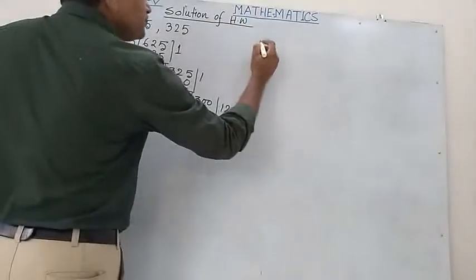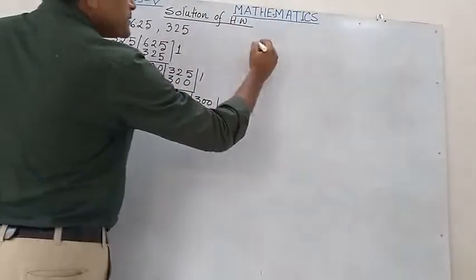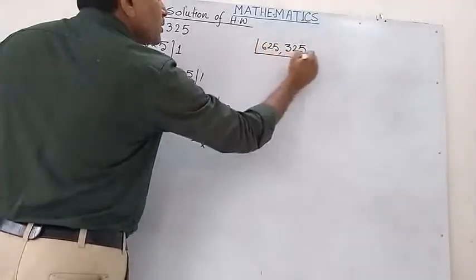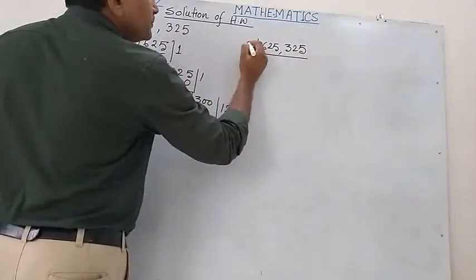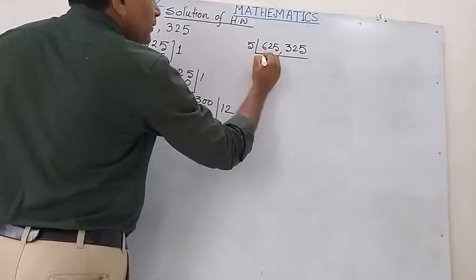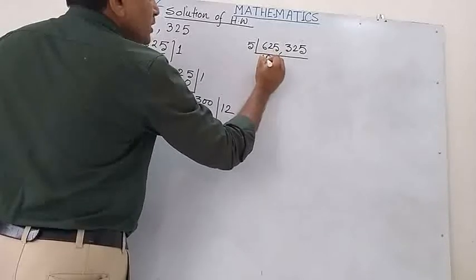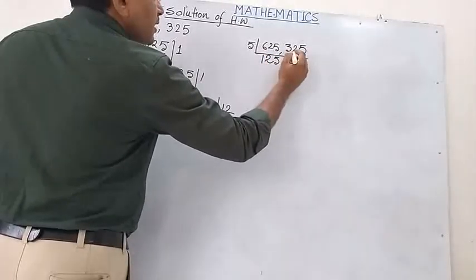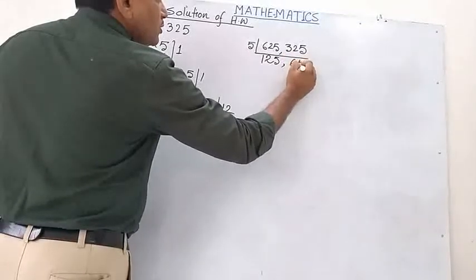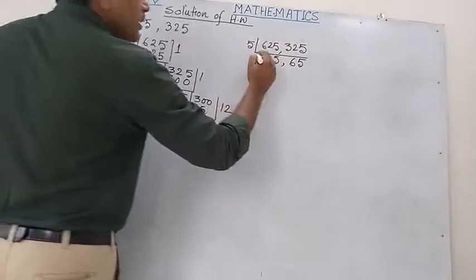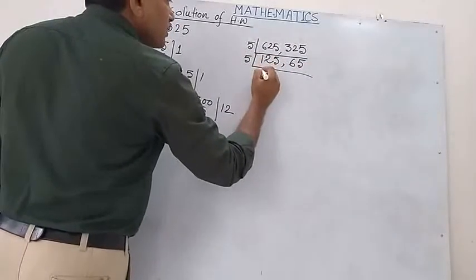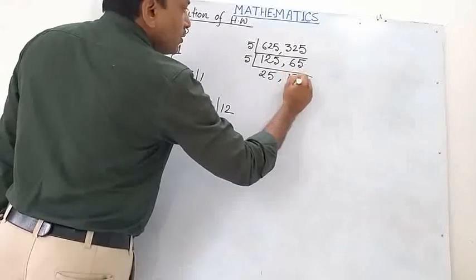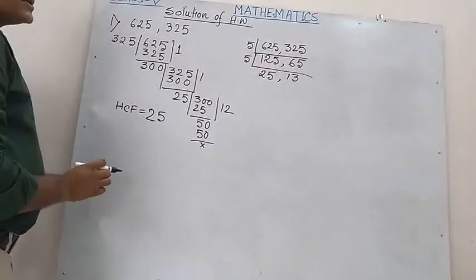Now find out the LCM. 625 and 325, divide by 5. 5 fives are 25, 5 sixty-fives are 325. Again by 5: 5 fives are 25, 5 thirteens are 65.